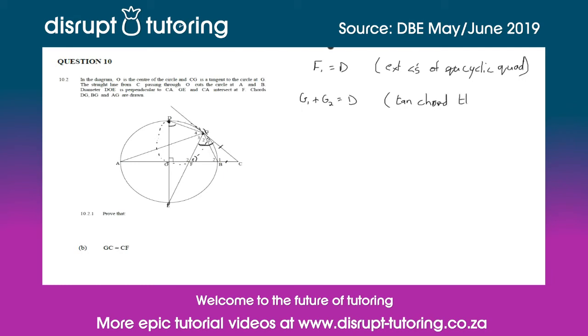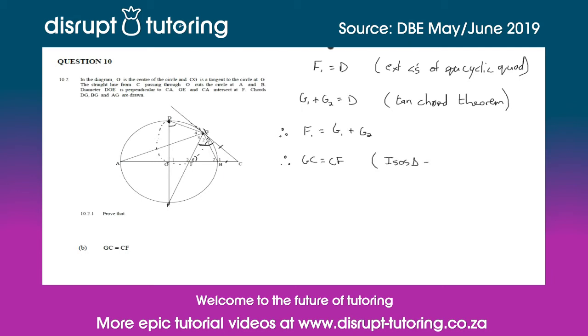And from that we can conclude then, therefore, F1 should then also equal G1 plus G2 because they both equal D. And from this we can conclude that GC equals FC, and that's because it's an isosceles triangle.